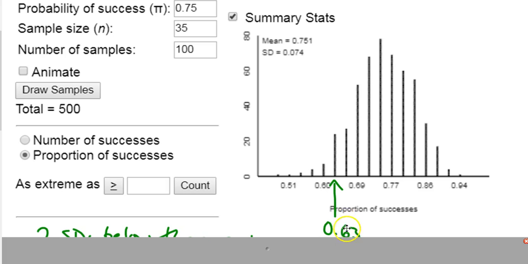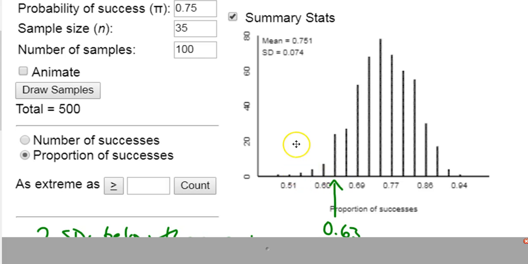Again, in my AC class, it was 63%. So we looked at this and we said, is that unusual? And if I were there asking you, I would probably ask you to vote with your thumbs. And in this case, the 0.63 is kind of right on the edge. It's not really common. It's not like a 0.69, but it's not way down here like a 0.5 either. It's a little bit unusual, but not super unusual.